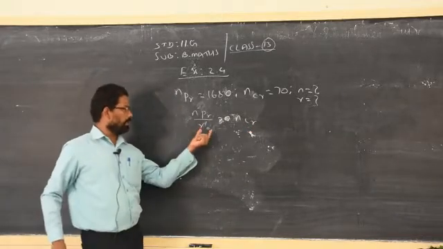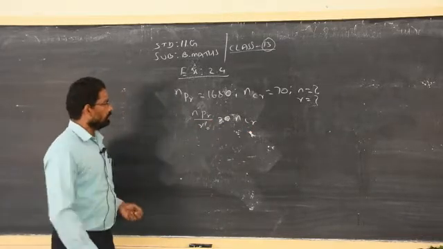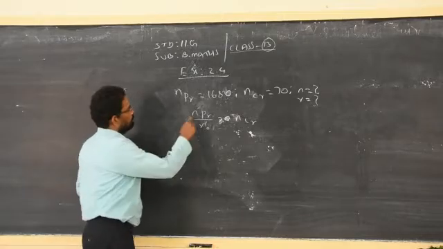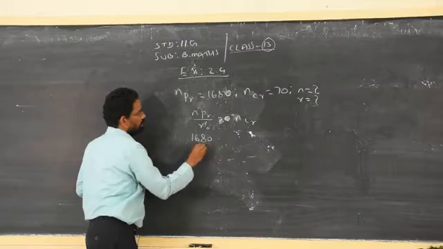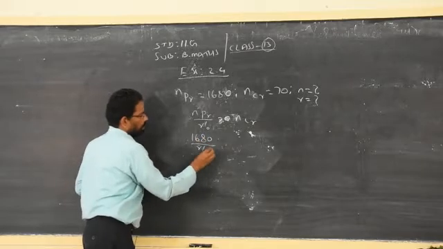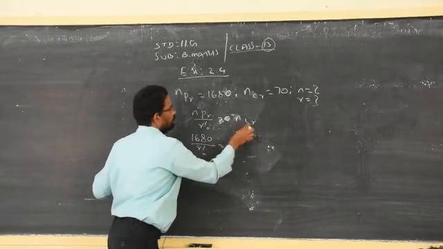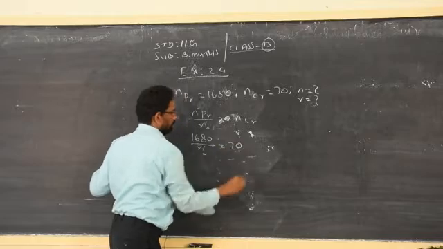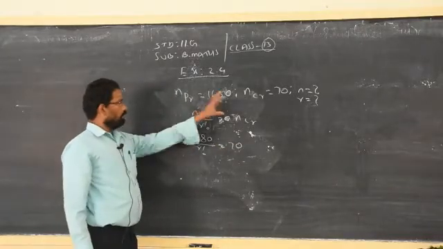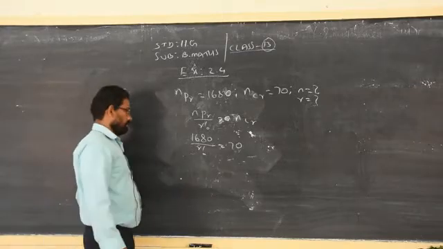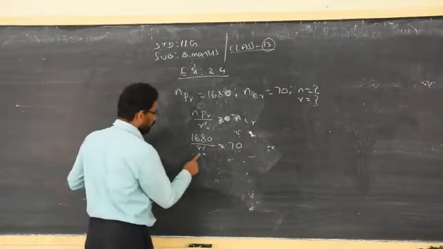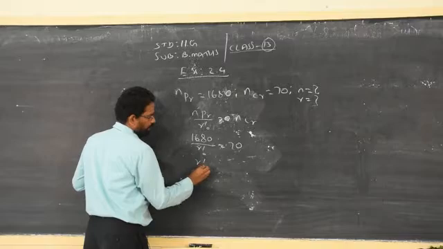Just now I wrote NPR by R factorial is equal to NCR. NPR is given already, 1680. I don't know what R factorial is, but I know NCR, which is 70. So depending upon the information, you have to select the formulas. Now I need only R factorial.